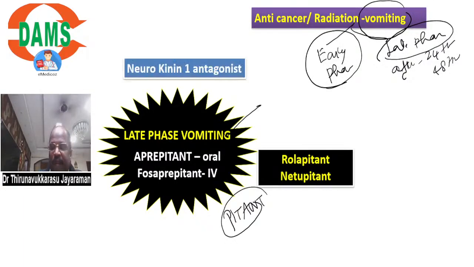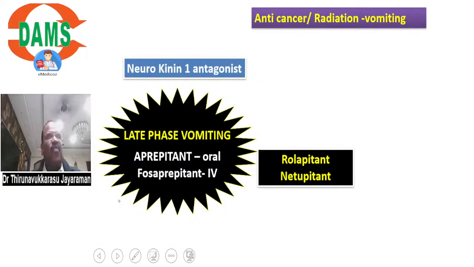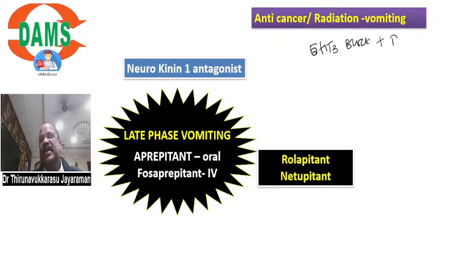They are called neurokinin 1 antagonists, NK1 blockers, the best. That's why, in general, for a good anti-emetic action, better go for a combination of one 5-HT3 blocker plus dexa plus one NK1 antagonist.